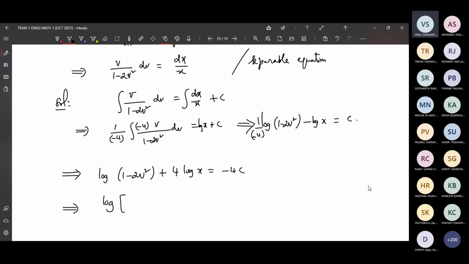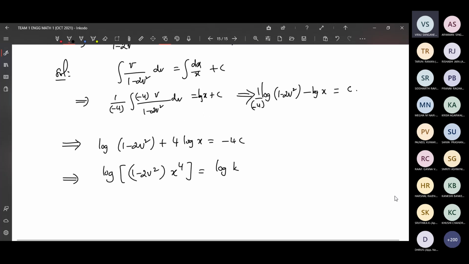So this means log of 1 minus 2v square into x power 4 equals log k. Some 4c is some log k, you can see that. So this becomes 1 minus 2v square times x power 4 equals k, where v is y by x.